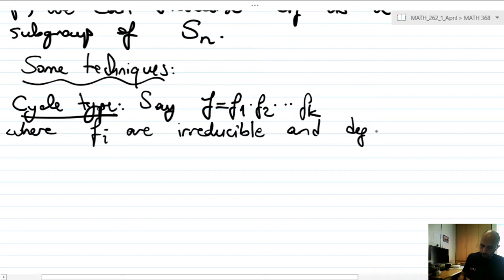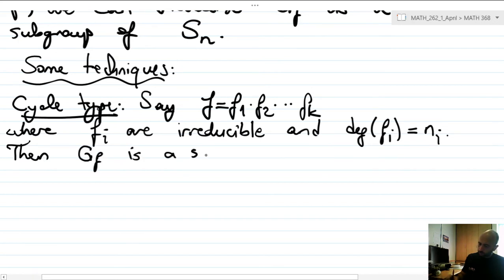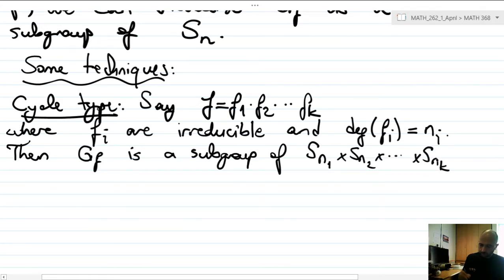Let's say the degree of f_i is n_i. Now, if we know this decomposition, this immediately tells us something. Then G_f is a subgroup of S_{n_1} cross S_{n_2} all the way to S_{n_k}, and that greatly restricts it.